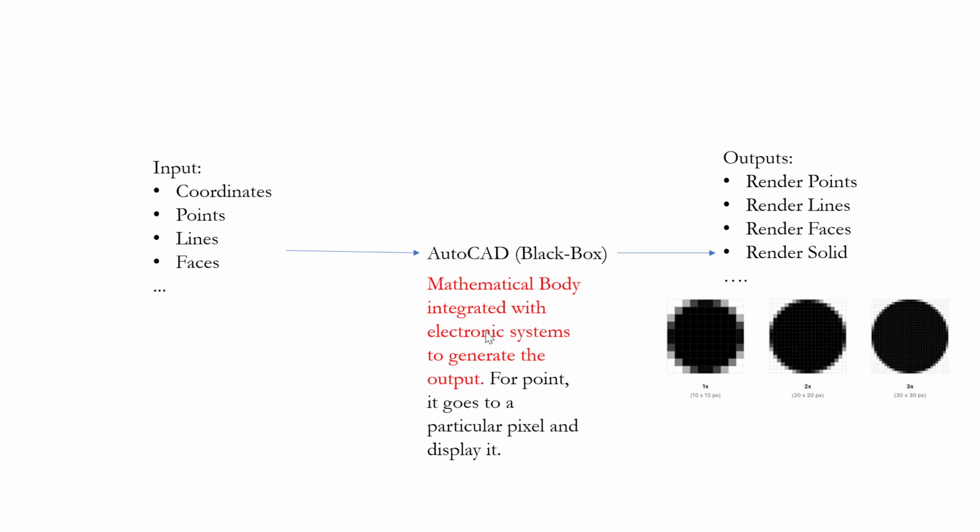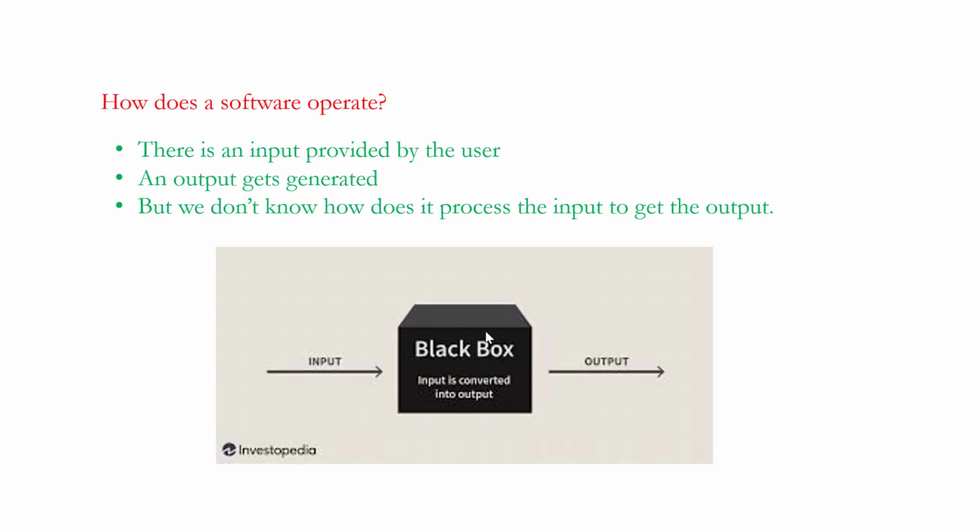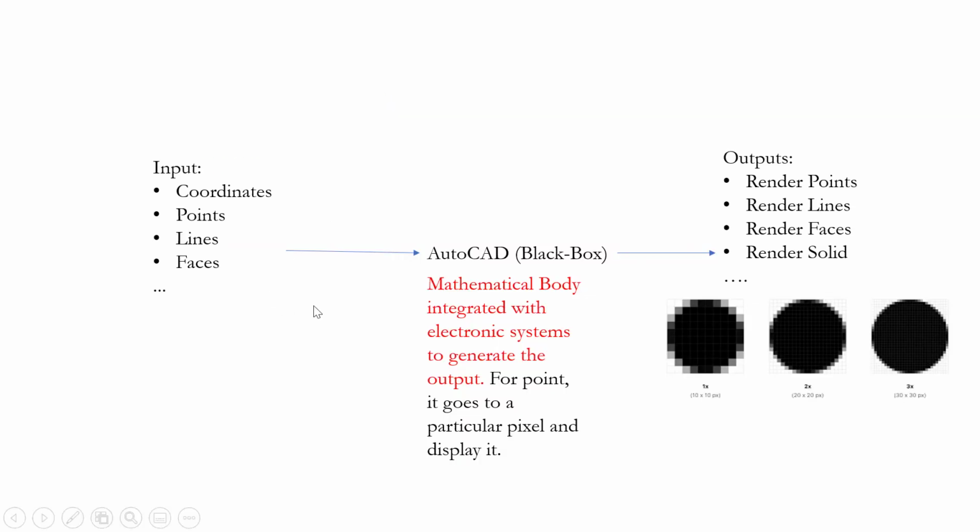So again, if you use the previous black box model, there is an AutoCAD which looks like a black box, and there will be input from my end. The input could be in terms of points, lines, faces, curves, and there will be some output displayed corresponding to what input I am giving. So it will display the points, display the lines, display the faces, display the solids.